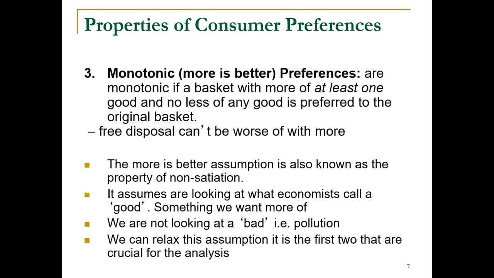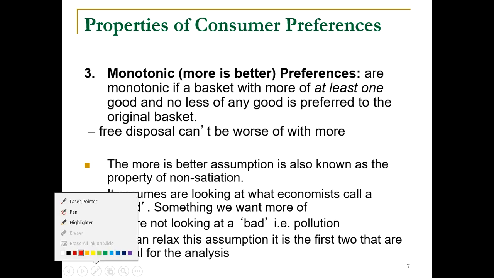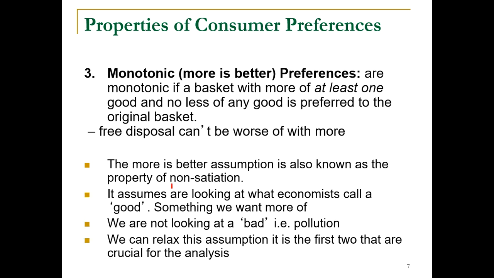The other term we use is non-satiation, which means that consumers want more and more and more of a good. You want more of sweets, you want more of sugar, you want more of money, you want more of everything.